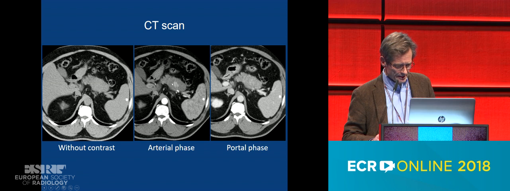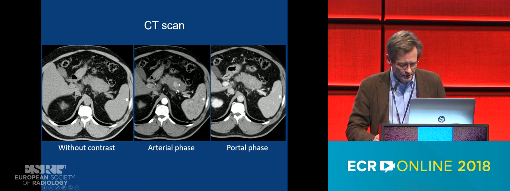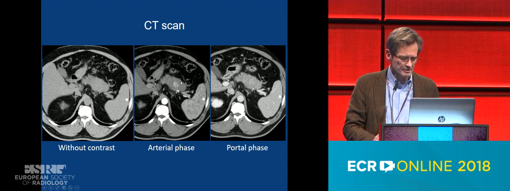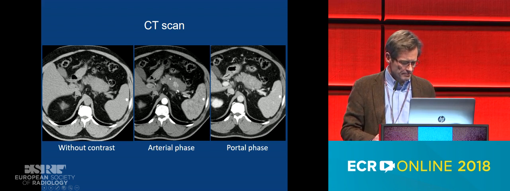You have a hyperdense area occurring in the arterial phase in the central portion of this lesion, with the rest of the lesion which is hypovascular. And in the delayed phase, we have a kind of homogeneous enhancement like the one of the normal lobulated pancreas.